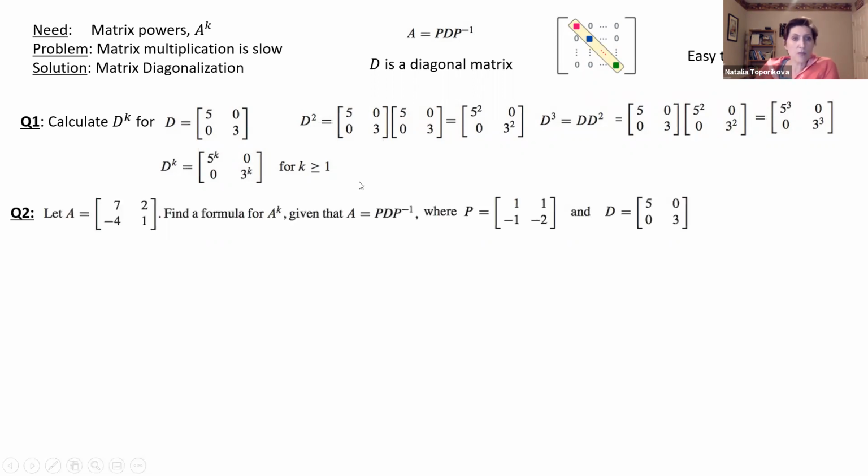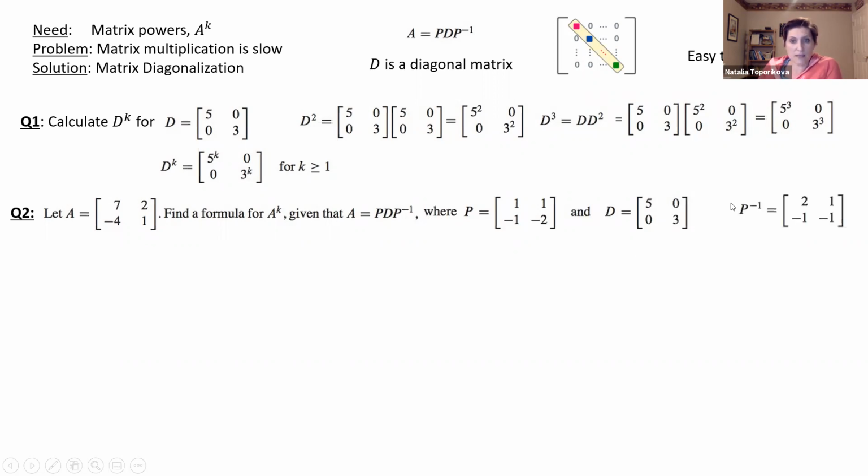Okay, so now let's take another matrix, and that one is not diagonal. But let's still try to raise it to the power K using diagonalization. So we are given the matrix P and its inverse, which can produce the similar diagonal matrix D by multiplication.